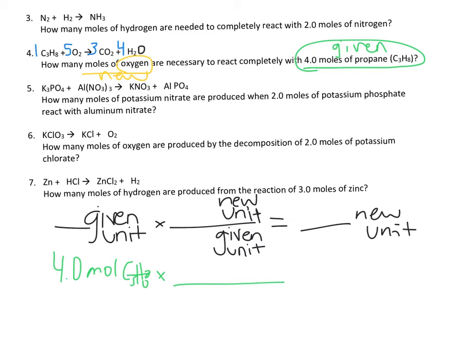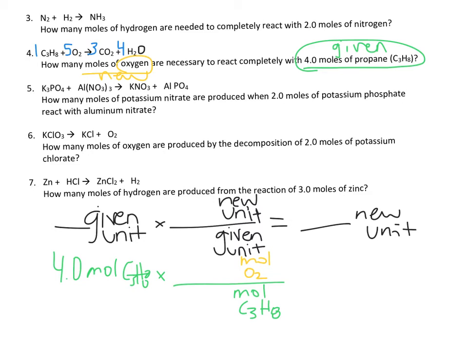We start with our given, and then we put that given on the bottom, moles C3H8, and we put our new unit, moles of oxygen, on top. That's what we're being asked in the question.